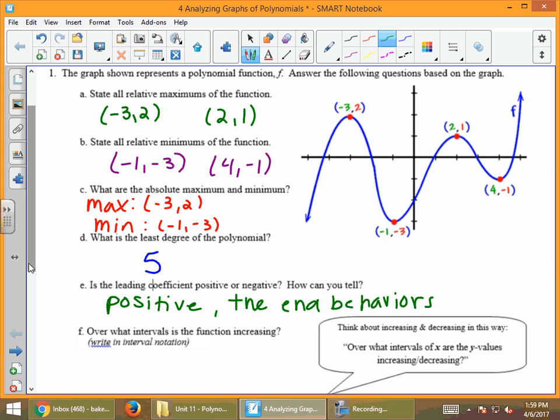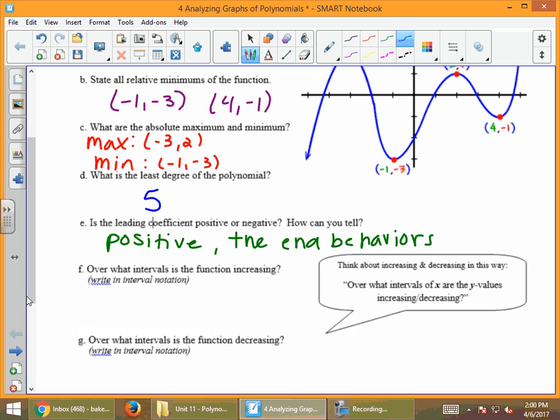Negative and even, arrows will be pointing down on both ends. Positive and odd, down on the left, up on the right. Negative and odd, up on the left, down on the right. And really it's helpful having the graph, or graphing on your calculator kind of helps you out too.